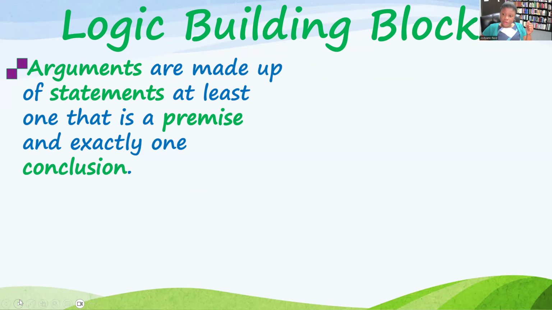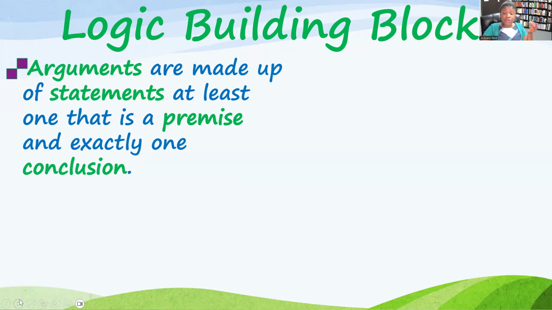So let's go back again. Arguments are made up of statements. At least one of the statements has to be a premise, and the other statement is a conclusion, at least one. You can have more than one premise.